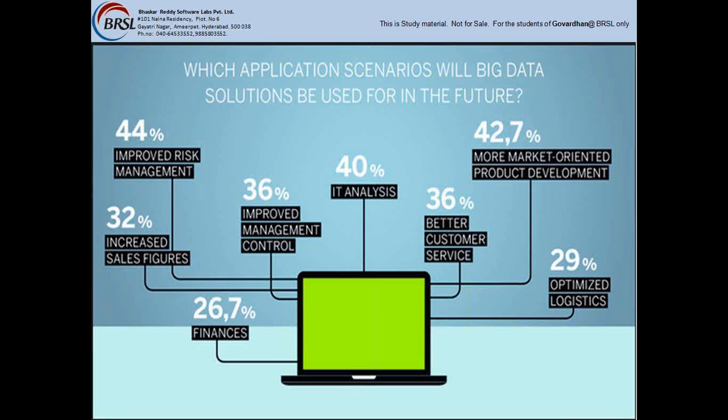In which application scenarios will big data solutions be used? Of course, someone who wants to increase their sales figure, 32% of applications are in that. Improved risk management: someone wants to do new business, or maybe invest somewhere, making their finances better. Improved management control: when to hire whom, when to fire whom, that kind of thing. IT analysis, of course: which kind of projects you can do.